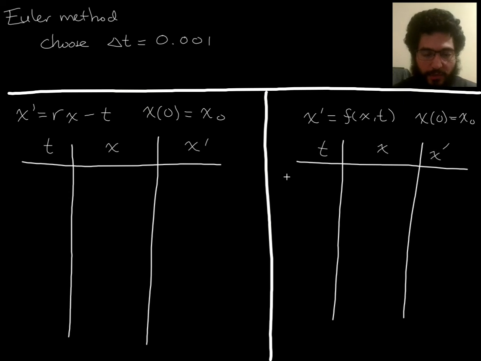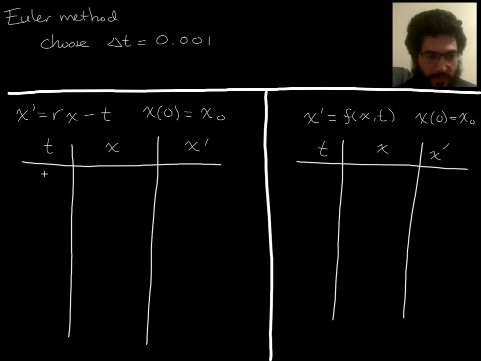Actually, I'm really only interested in knowing about x, right? But because I'm stuck with this differential equation, I'm forced to get x prime into the picture. So if I want to predict how x is going to change, I'm going to have to use x prime.